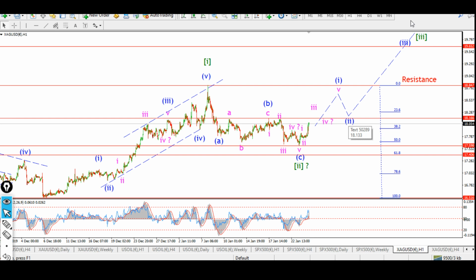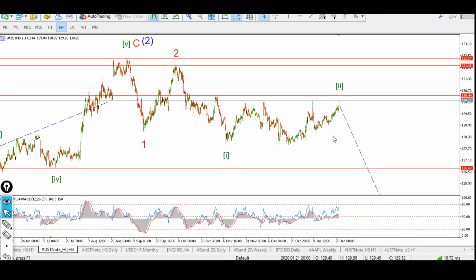Okay, into bonds. Bonds seem to be defying all the odds right now, and we're rallying again. We did break to a slight new high today, so that kind of ruled out the previous 1-2 pattern. The problem I'm having here is this spike lower, it was nothing but impulsive.